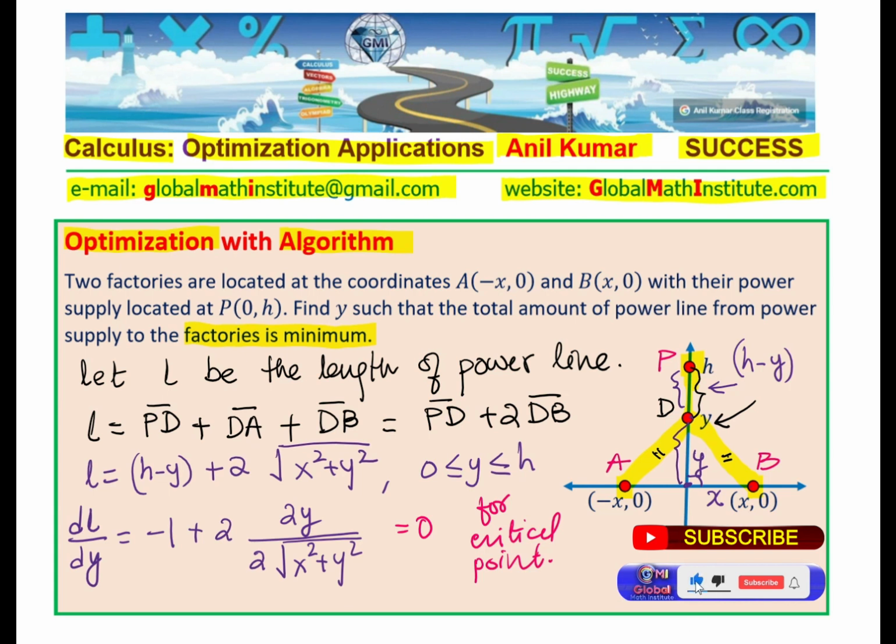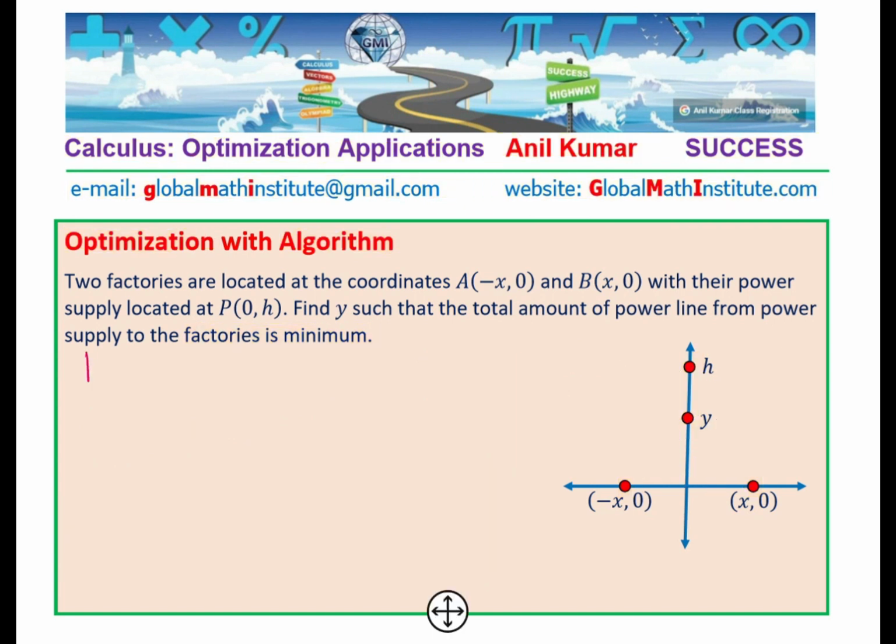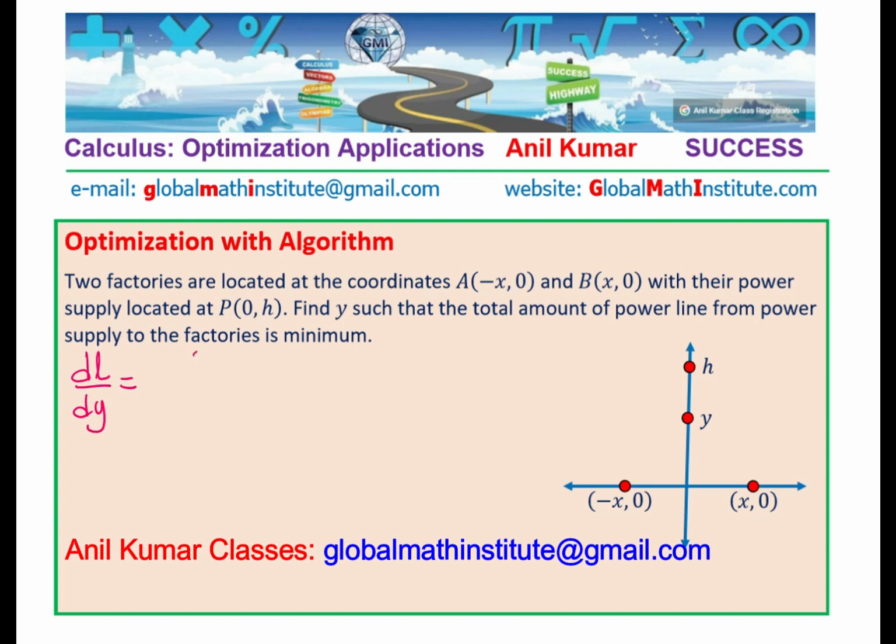So we have dL/dy as, all right, we can just cancel these two 2's, correct? So we have 2y over the square root of x squared plus y squared, right? So dL/dy equals 2y over the square root of x squared plus y squared, minus 1, correct?